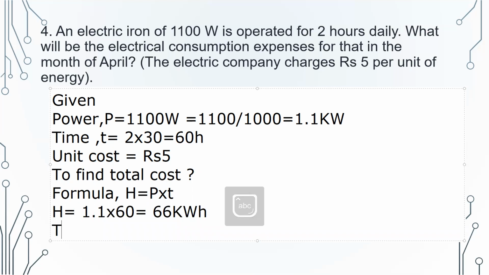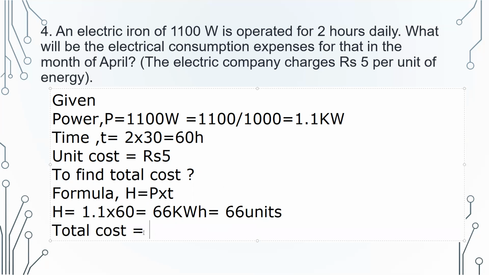Therefore, total cost is equal to, 1 kilowatt hour is 1 unit. Therefore, we can write 66 kilowatt hour is equal to 66 units. Okay.